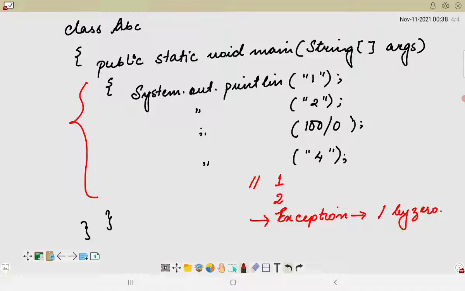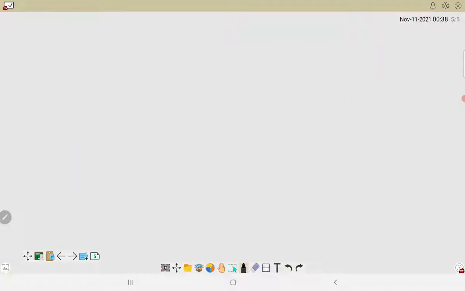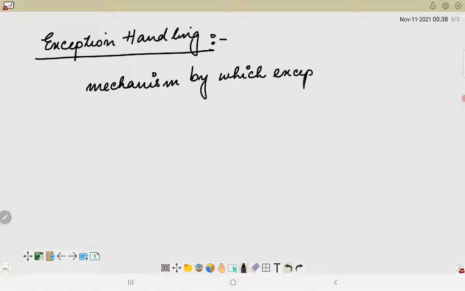Okay, and next we will talk about exception handling. Exception handling is basically a mechanism by which an exception is handled.